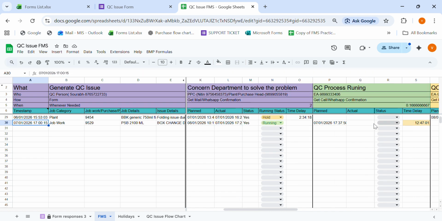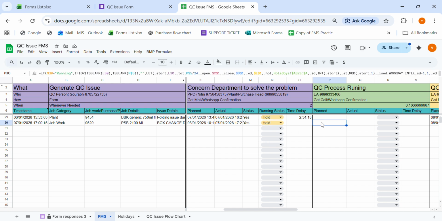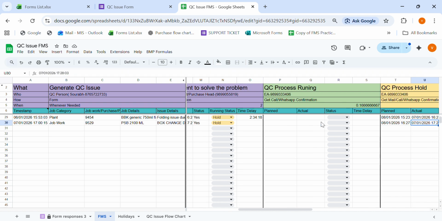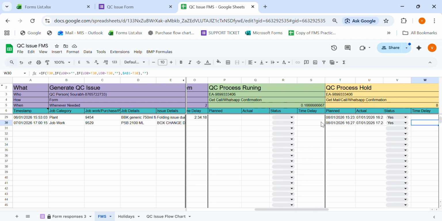If the concerned department takes the second action, hold, then a further step is executed. When hold is inserted and the status is updated as yes, it goes to the fourth step, the QC process hold issue.